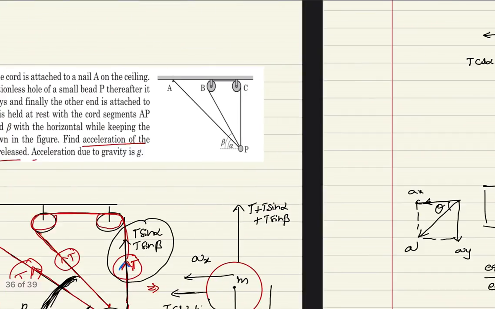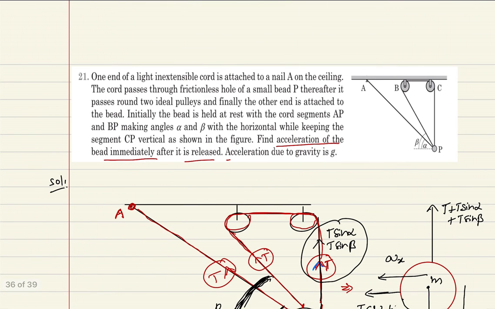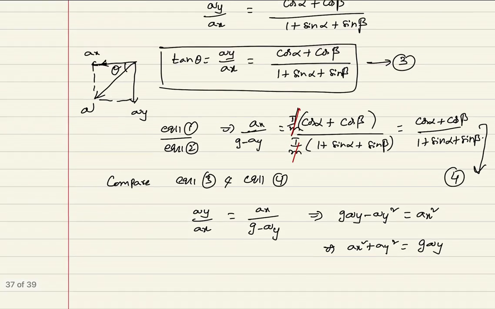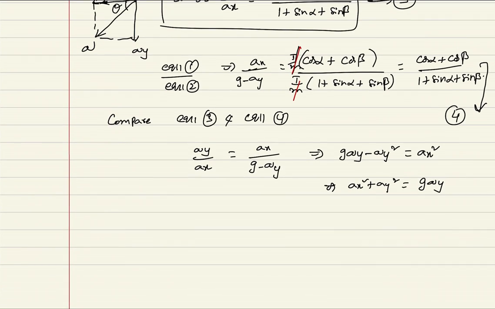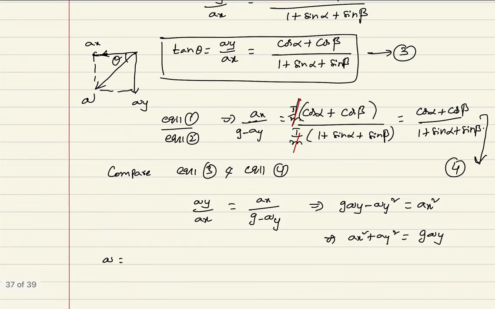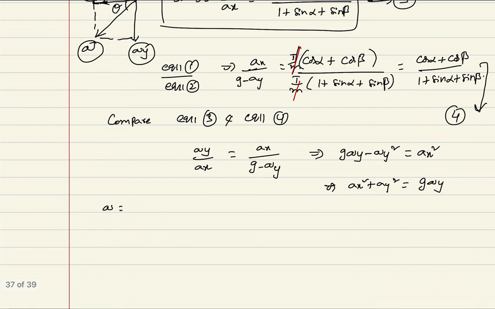As I know that whenever the bead is released, immediately after releasing it, acceleration due to gravity is there, and net acceleration is also there. I am writing now, from this relation, a is the net acceleration, ax is the horizontal acceleration, and the vertical component is ay.